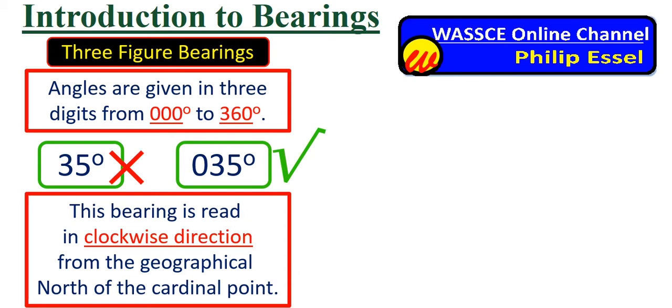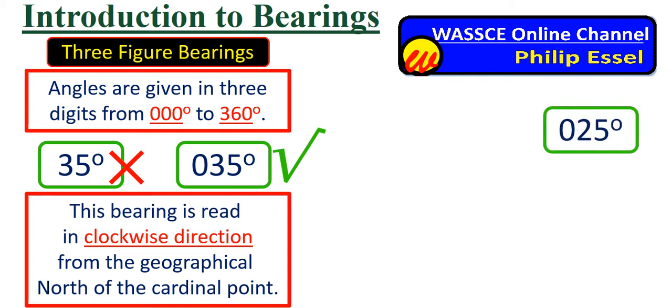And here again, we need to note that it is only angles that will be stated in 3 digits. But we always need to bear in mind that we have to start counting from the geographical North Pole of the cardinal point. Let's look at an example.